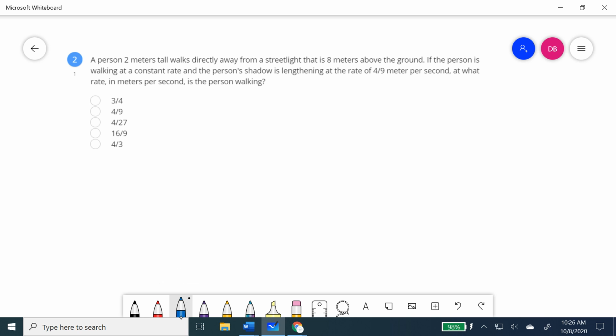So what we have is something that is 8 meters vertically tall and someone who is 2 meters tall and ground. That makes a right angle.